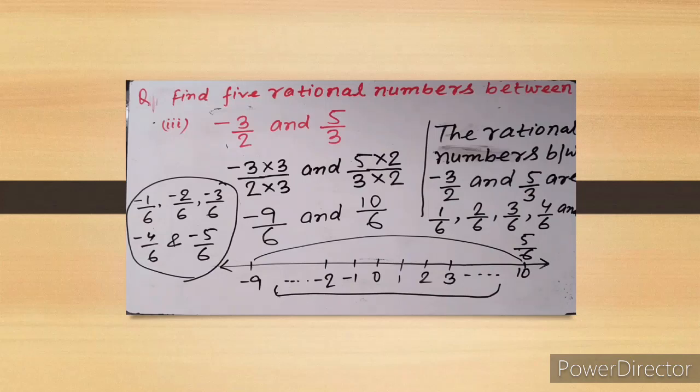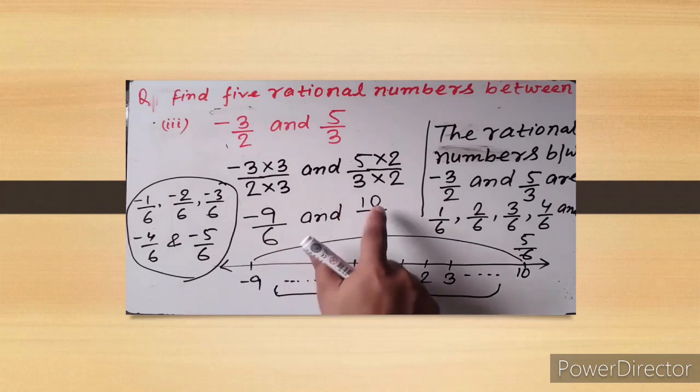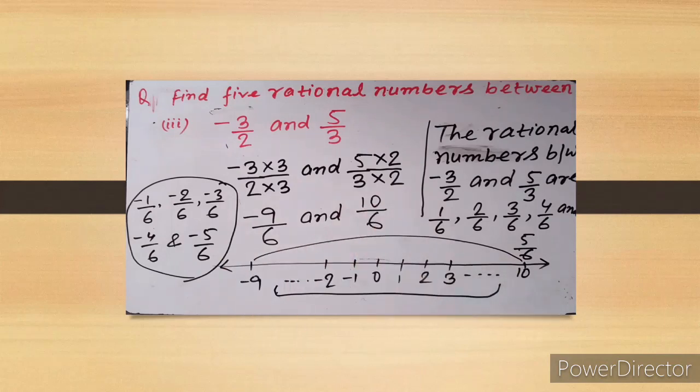So when you get equal rational numbers, and between the numerators of these you get the rational numbers you want to find, then you need not multiply any further.